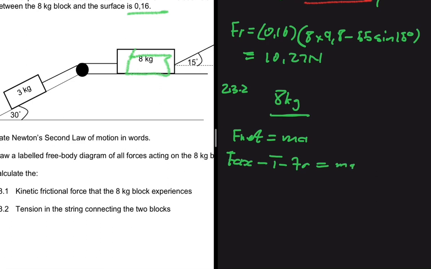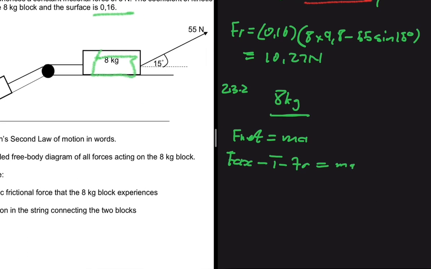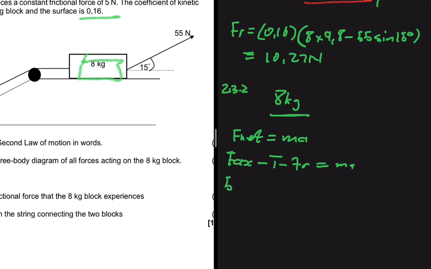But then I can find the X component of the applied force. Obviously, it is 55 cos of 15, and then minus the tension, which is what I'm looking for, minus 10.27, is equal to 8 multiplied by the acceleration. So now I can put this in my calculator so that I only have the tension.